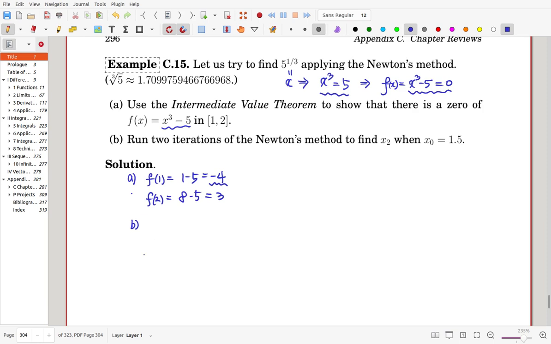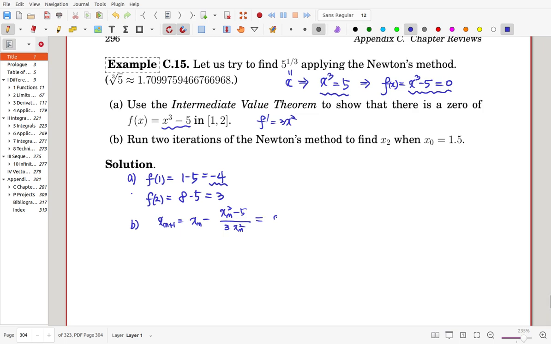Let's do that. x(n+1) is the same as xn minus f of xn over f prime of xn, which is xn cubed minus 5 over 3 xn squared, since f prime is 3x squared. Let's simplify a little bit.